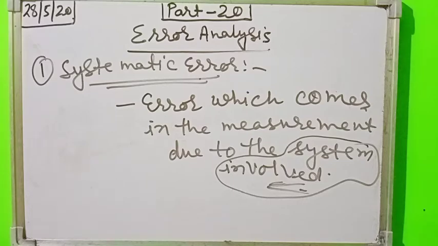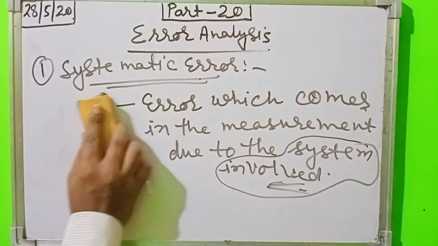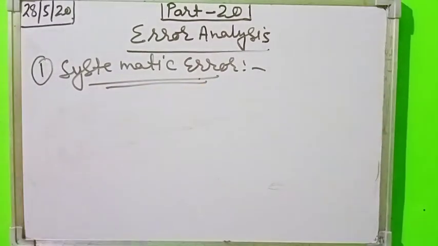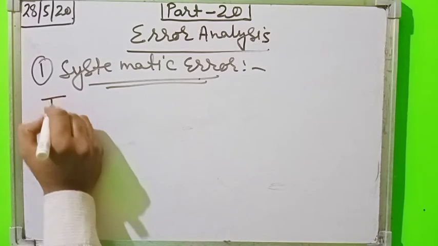So systematic error can be defined as those errors that tend to be in one direction, either positive or negative.